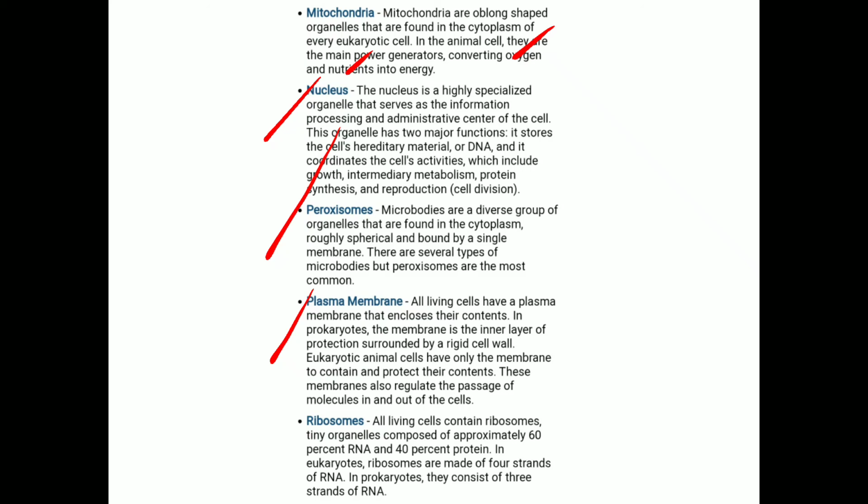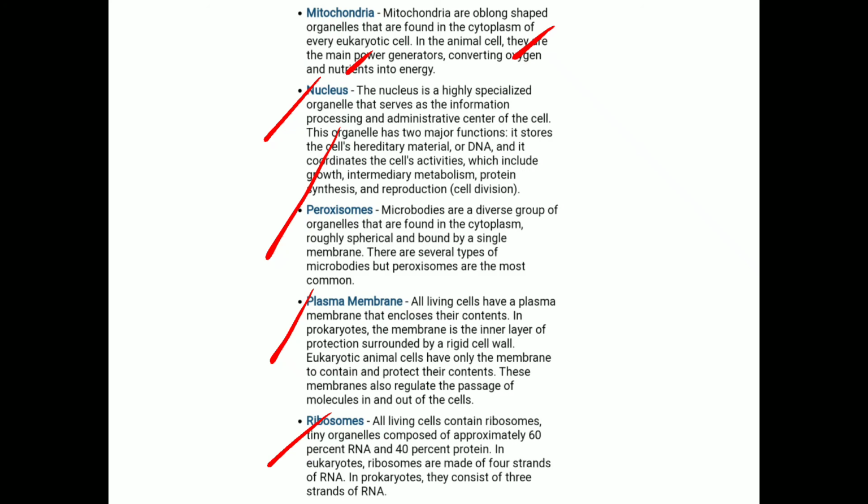And the last cell organelle, ribosomes. All living cells contain ribosomes, tiny organelles composed of approximately 60% RNA and 40% protein. So ribosomes are made up of RNA plus protein.